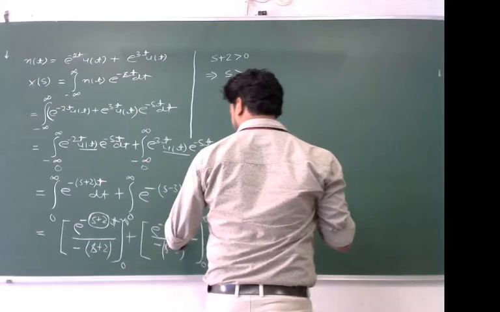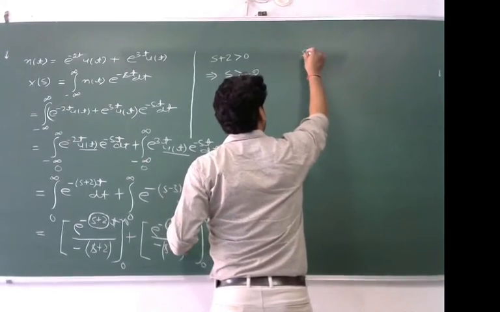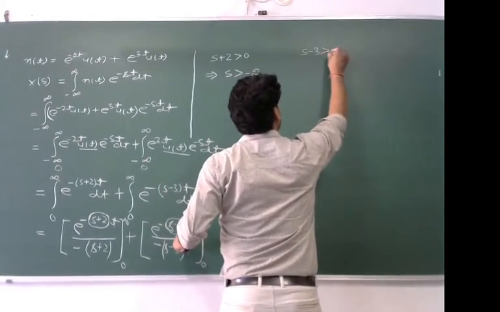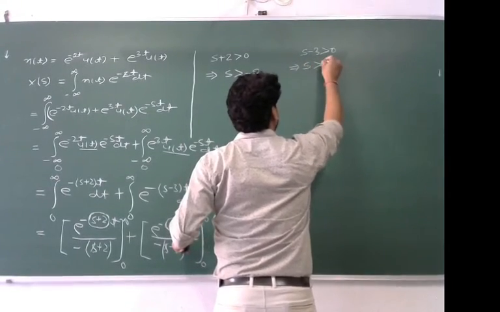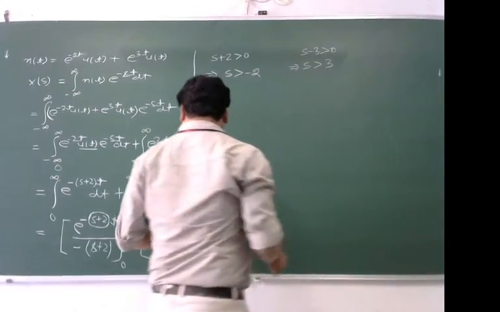And from s minus 3 greater than 0, s should be greater than 3.